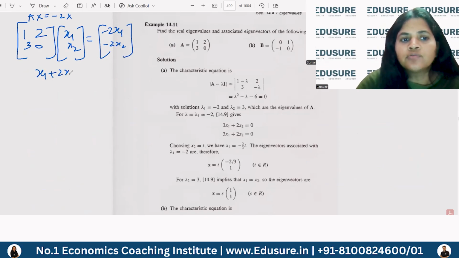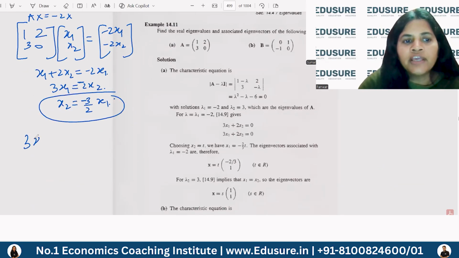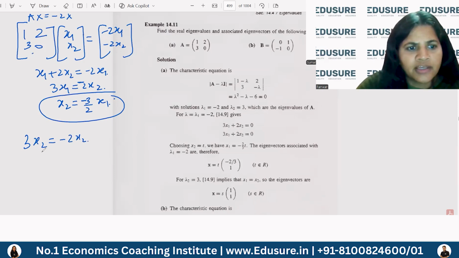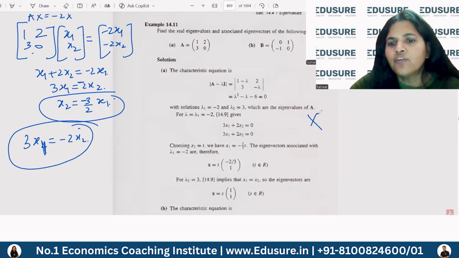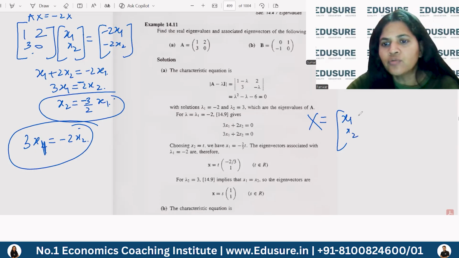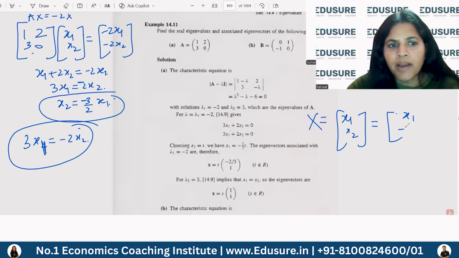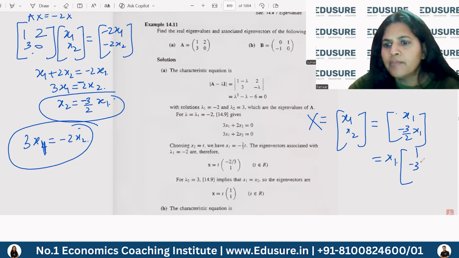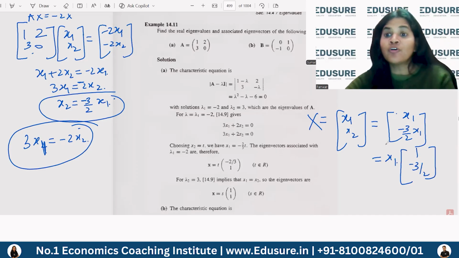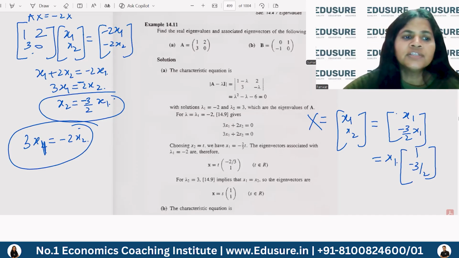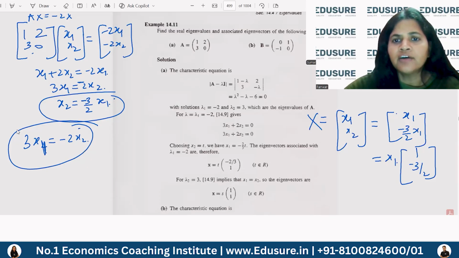So x1 plus 2x2 is minus 2x1, which means 3x1 is equal to minus 2x2, and then 3x1 is equal to minus 2x2. Therefore my vector x will be x1, x2, which is equal to x1, minus 3 by 2 x1. So you take x1 outside, you get 1, minus 3 by 2. And now x1 can be given any non-zero value because I need a non-zero vector. This is how we calculate eigenvalues and associated eigenvectors.